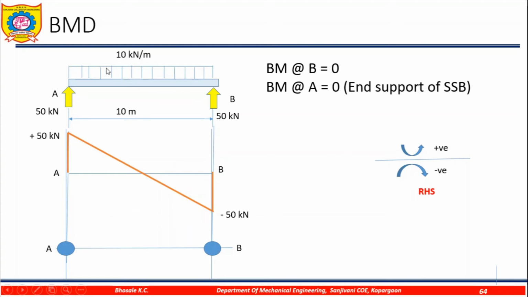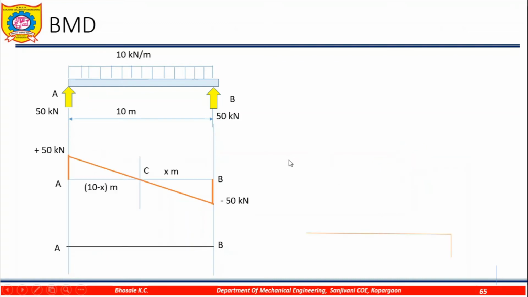We know that when there is a UDL between two points, the shear force will be shown with an inclined line and the bending moment diagram with a parabolic curve. So we assume there is a point C where the shear force value is 0, at distance x meter from B to C, and A to C is 10 minus x.